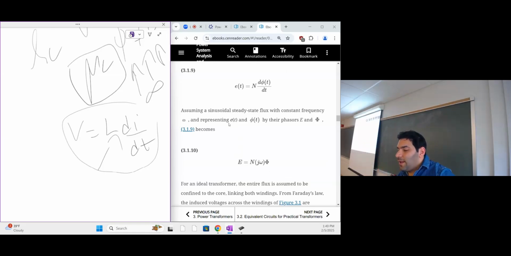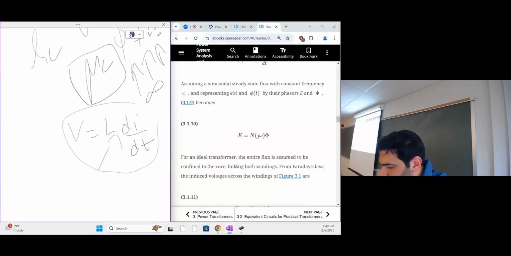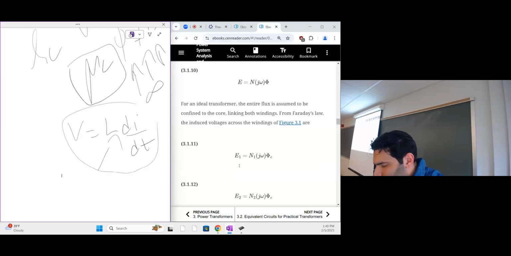But this E value is defined by a steady-state flux with constant frequency, and the representation of e(t) and phi(t) by their phasors E and phi becomes like that. Okay, so this is another representation for the voltage in terms of frequency, number of turns and flux. For this ideal transformer, the entire flux is assumed to be within the core, linking both windings. So if we translate that for both sides, those terms apply for E1 and E2 on both sides of the transformer.